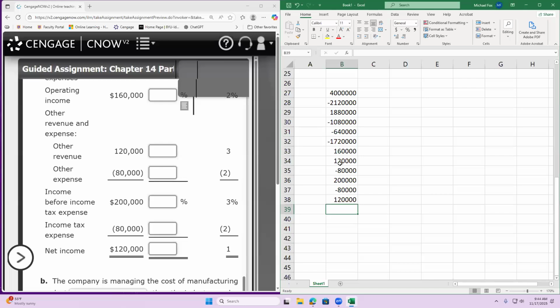And then we're going to express all of those as a percentage of the top line, the sales amount.